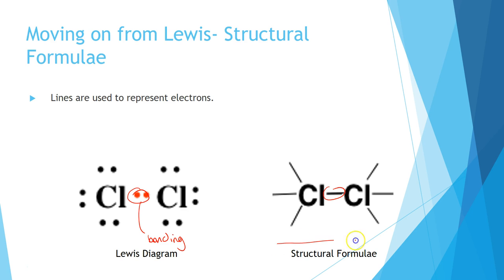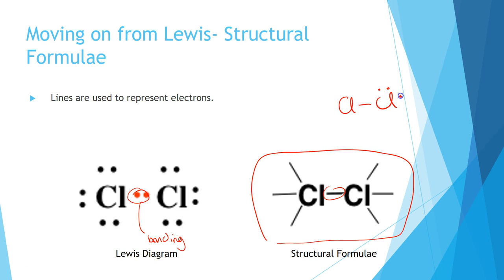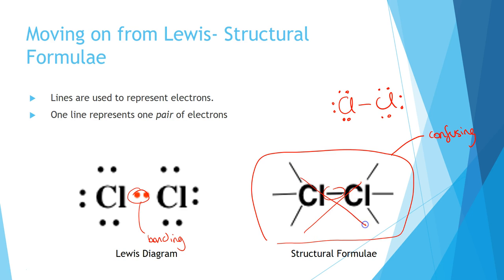While this form here is valid, I do encourage you to instead draw it as Cl with Cl and then use the dots for your electrons rather than using these lines, because this can later on give us confusion in regards to molecular geometry or electron domain geometry. So I would recommend not drawing this way.